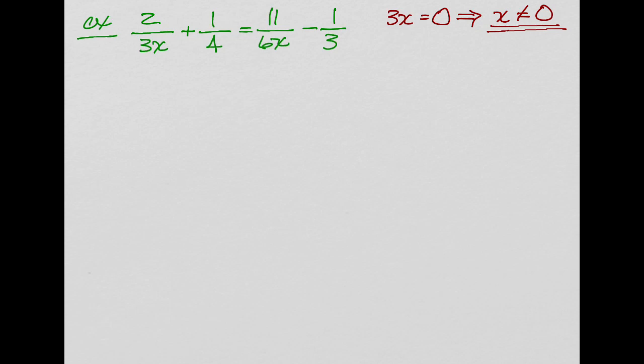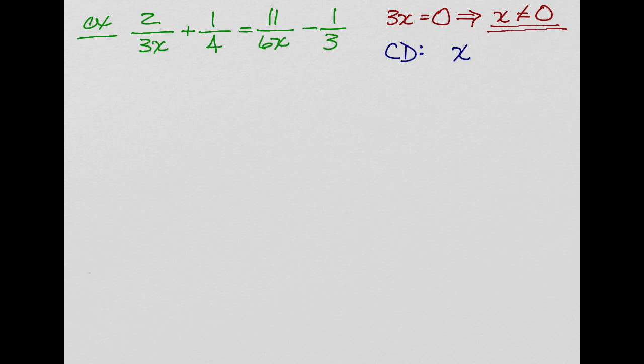I'm going to need a common denominator. And that common denominator has to take in all of the denominators that we see here. My common denominator, it's definitely going to need an x because I have x's in some of my denominators. It's also going to need a number that I can divide evenly and get a whole number by all of the denominators that I have.